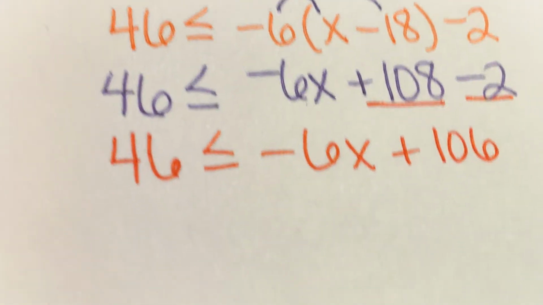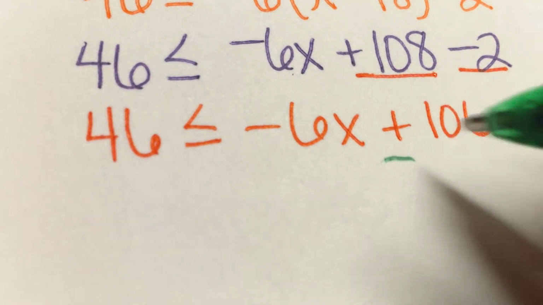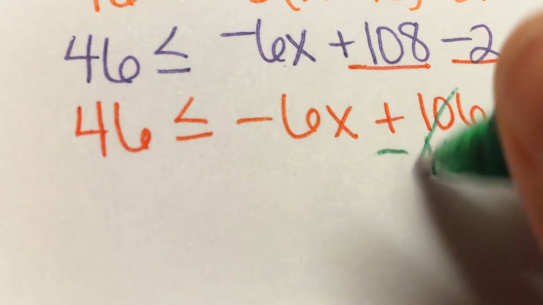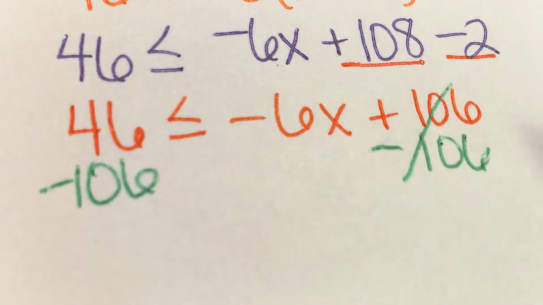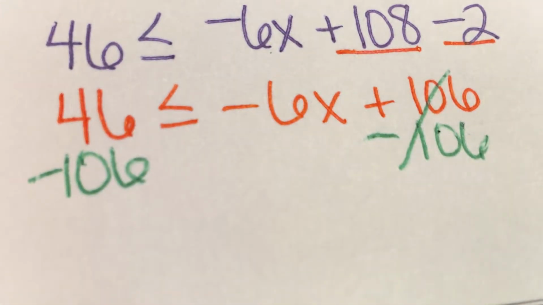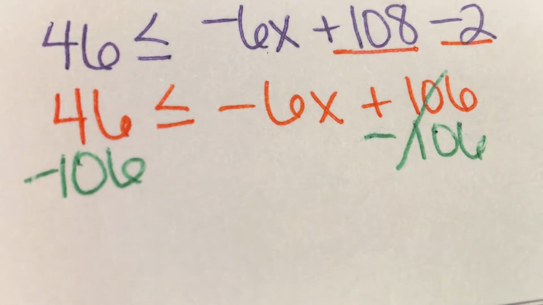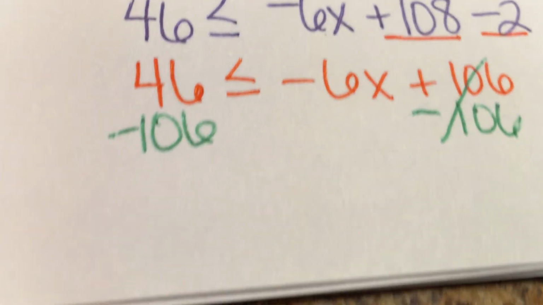So then now we want to solve for x. So we're going to subtract the 106 because we want x by itself. So then here if I subtract 46 minus 106, you should end up with negative 60 because the 106 is bigger.